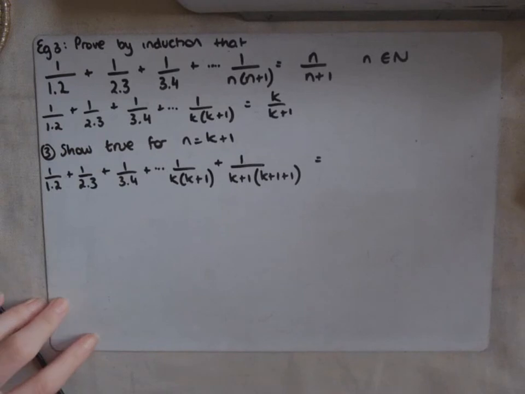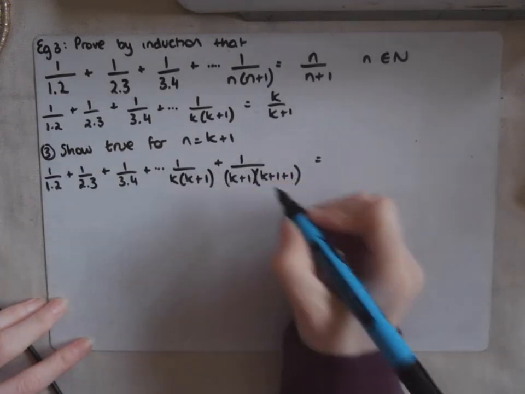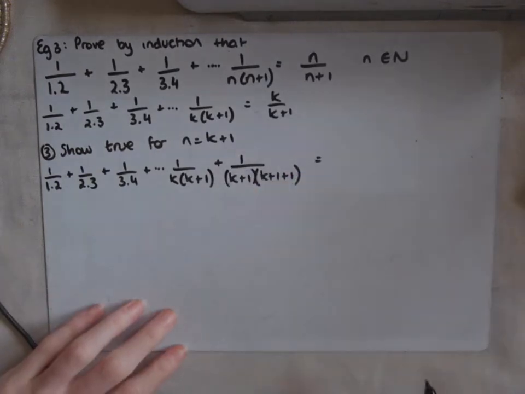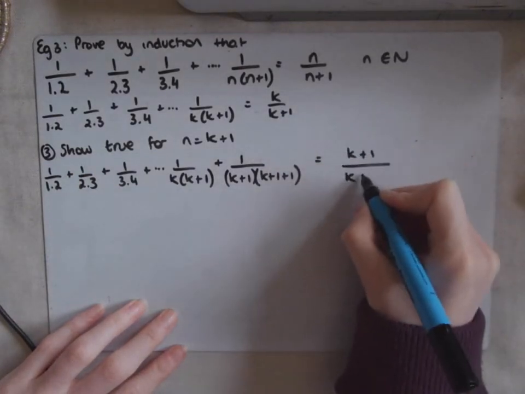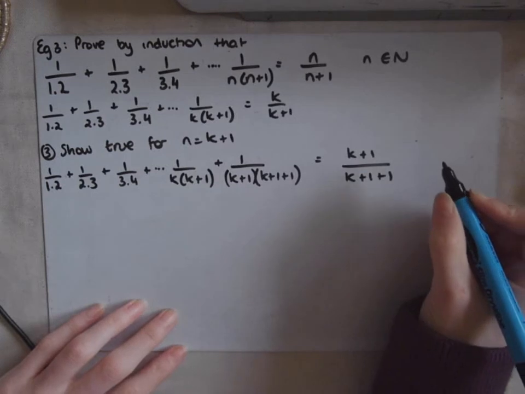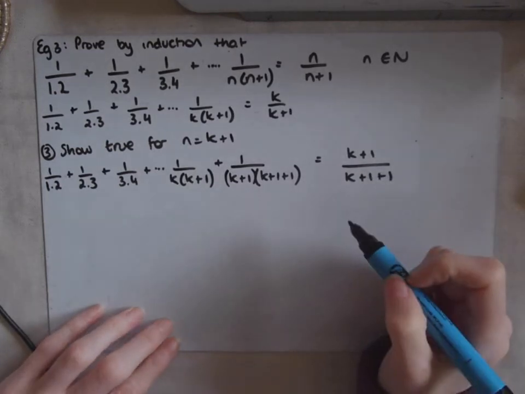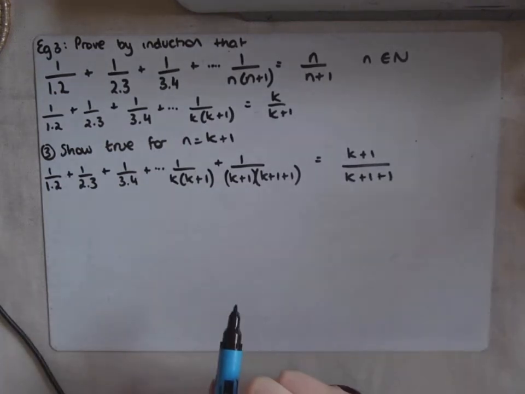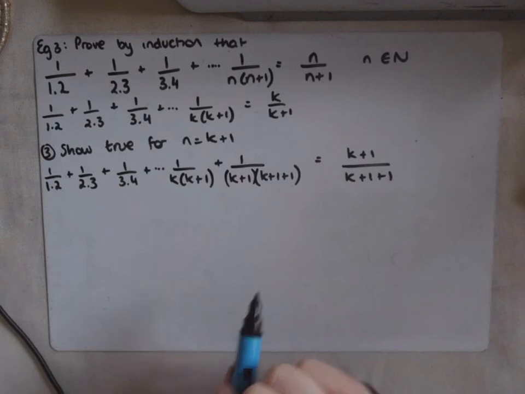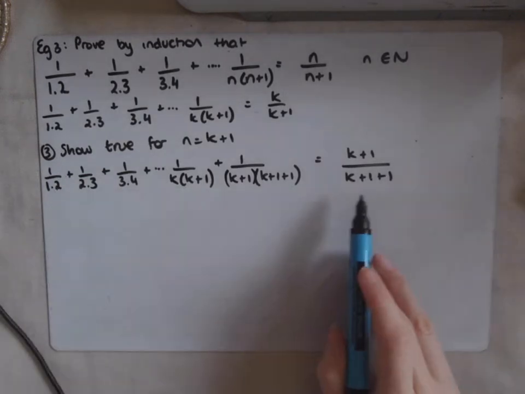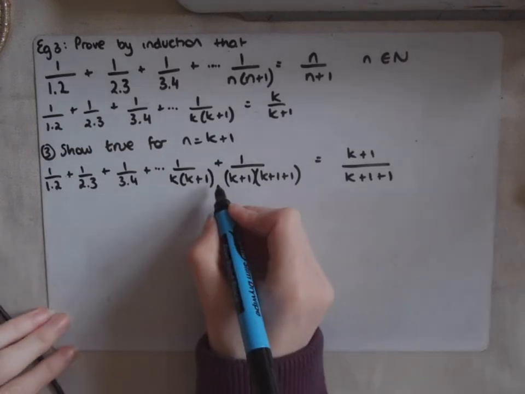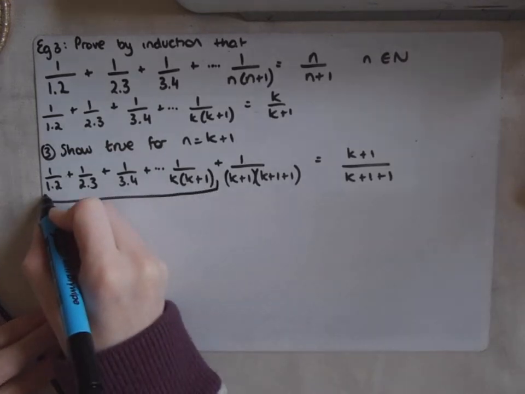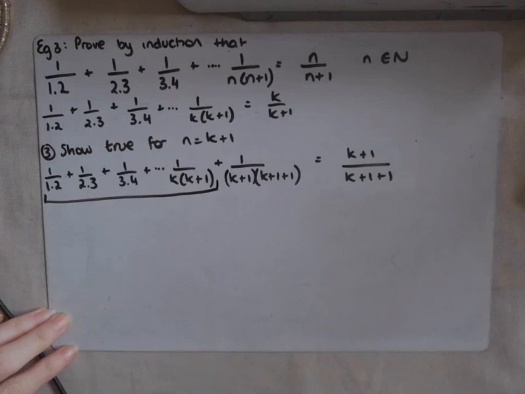Okay. And on the right hand side I'm replacing k with k plus 1. So I just need to show that this thing is true. The reason we leave this here is so that I can replace it with my assumption.